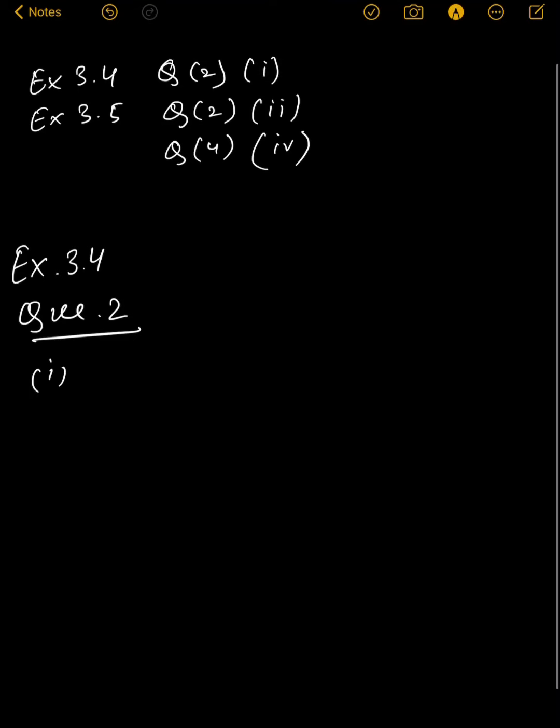part 1. So I am reading the statement. Form the pair of linear equations in the following problems and find their solutions if they exist by the elimination method. So we have to make use of the elimination method.